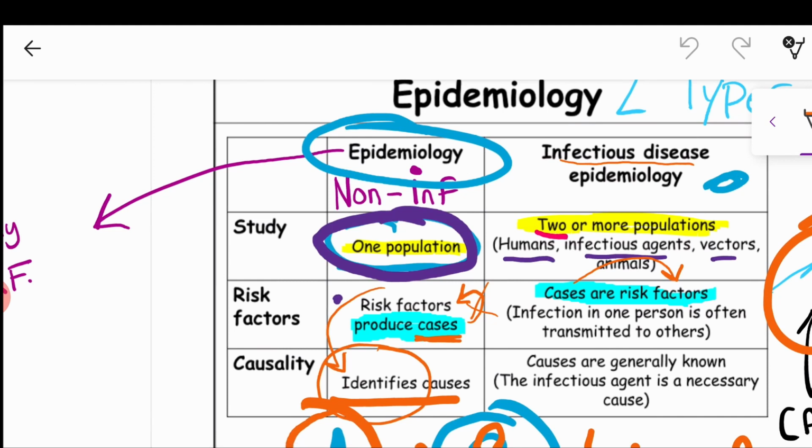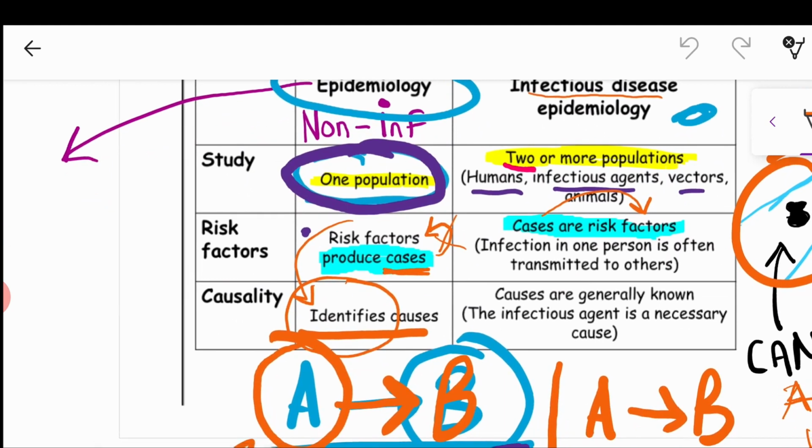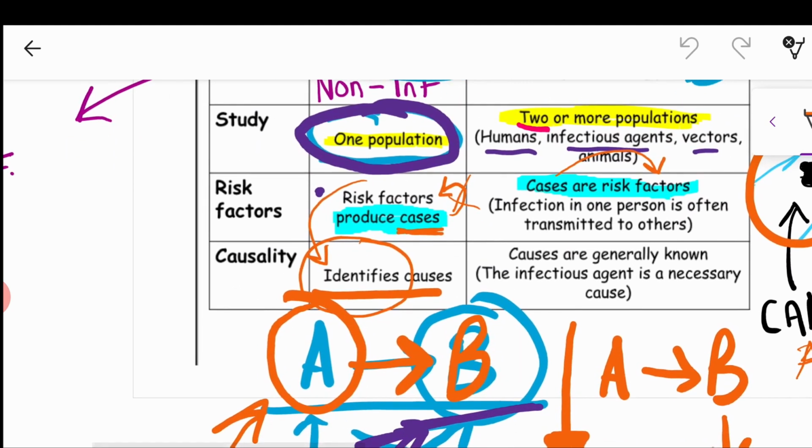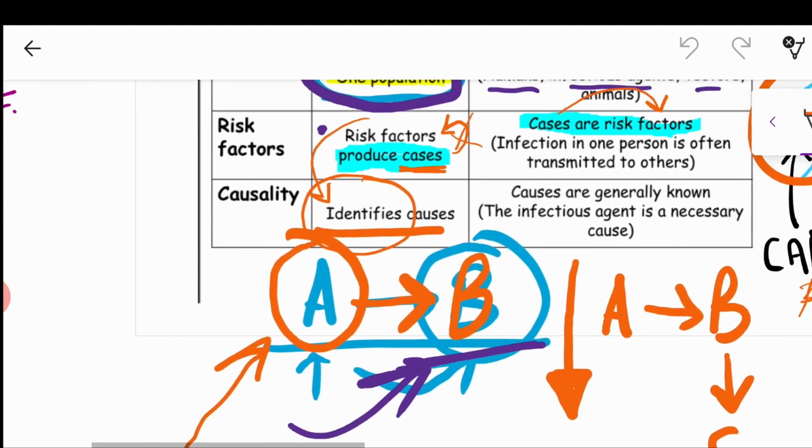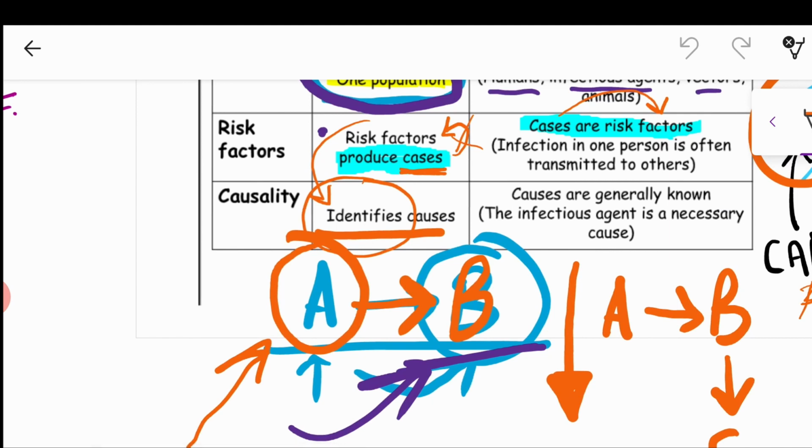So with this, we can identify the risk factors which are usually identifiable, and these risk factors cause cases. Now, when we say cases, we just mean this certain disease, all right, or a certain event. And so this identifiable cause causes or produces cases.